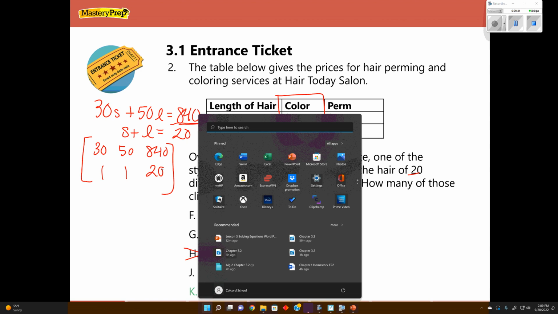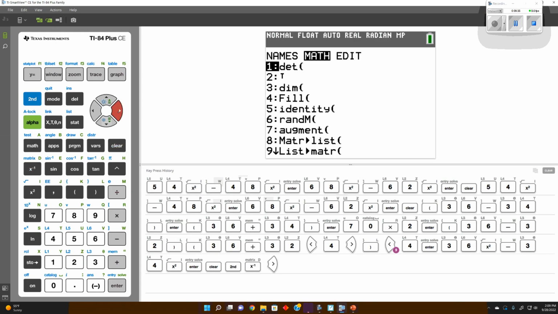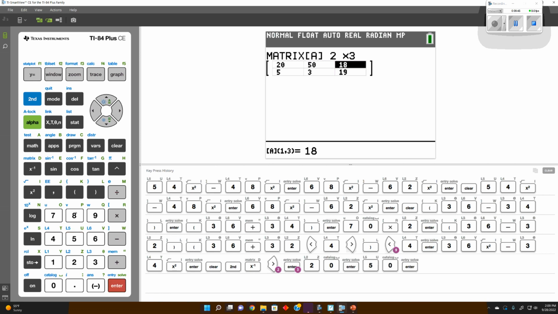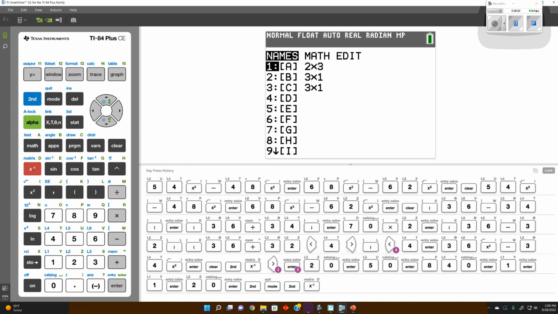$30, $50, $840. So we can go second matrix over to edit, and this is a 2 by 3. So we had 20, 50, 840, 1, 1, 20. Quit second matrix. Go over to math.